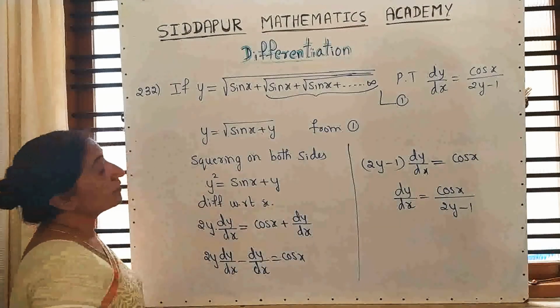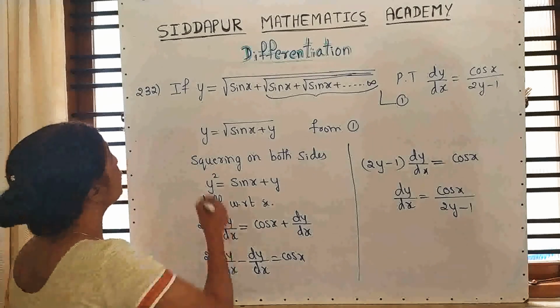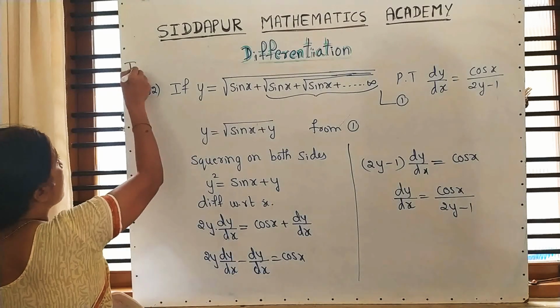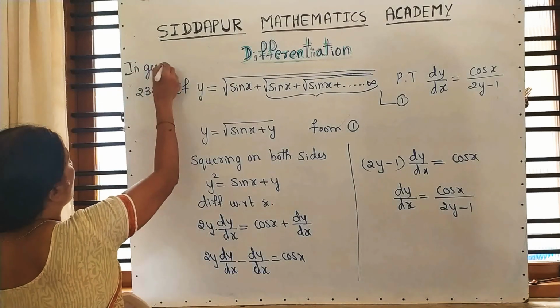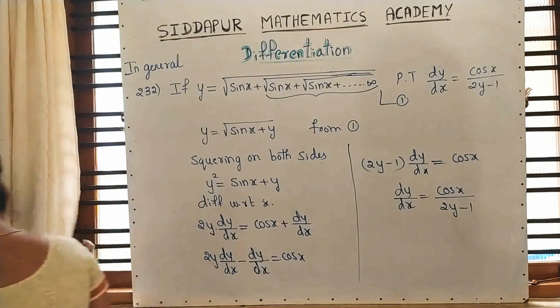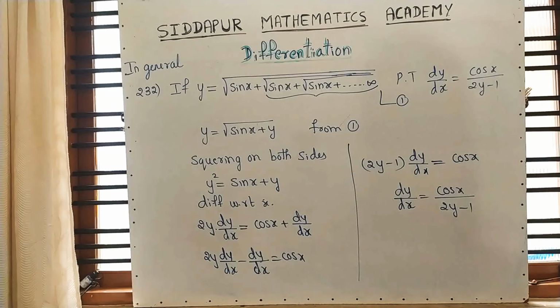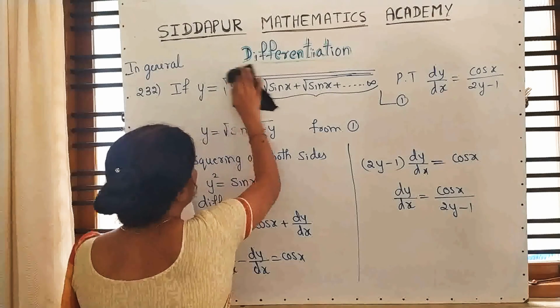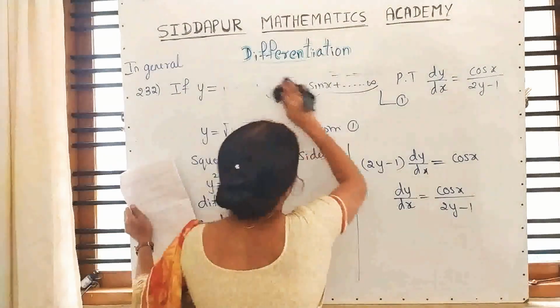So these are the examples. Suppose if you get this in general. In general means this is the important formula for competitive, for your CET. So in general, how you write this formula? In general it is written like this. The problem will be like this.